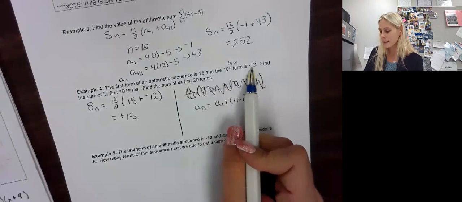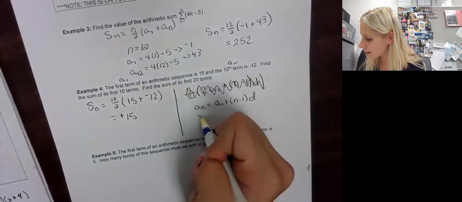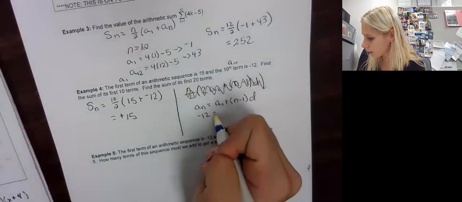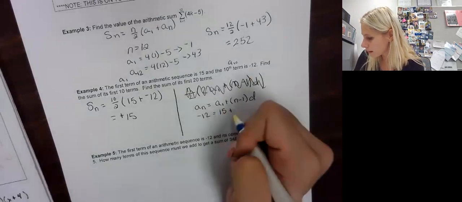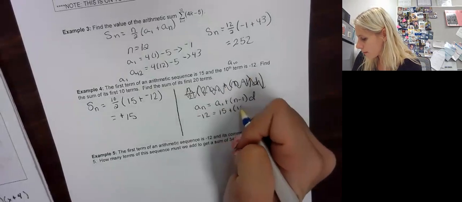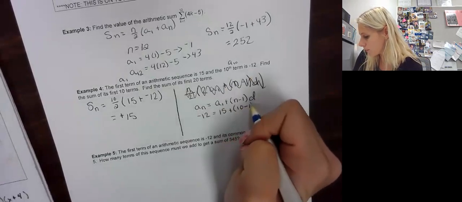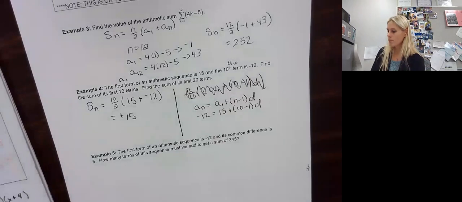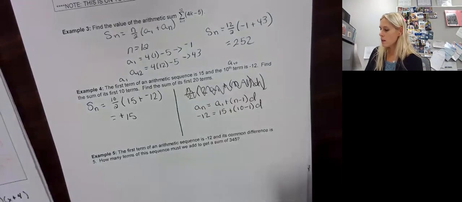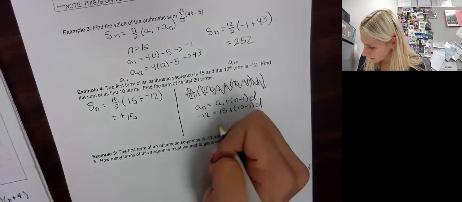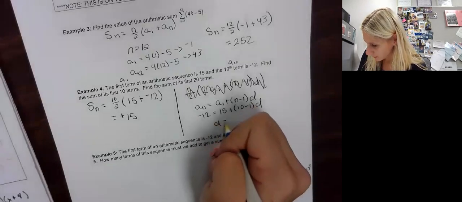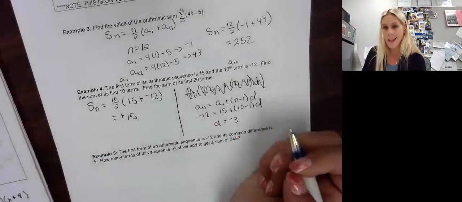It's what we did last time, right? So I know that negative 12 should equal 15 plus 10 minus 1, because it's the 10th term, times d. All right, when I solve this out, we end up getting that d equals negative 3.